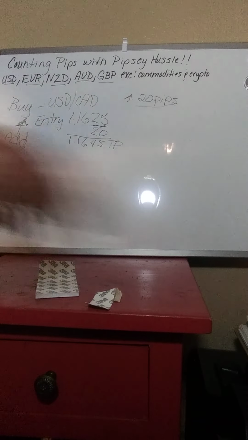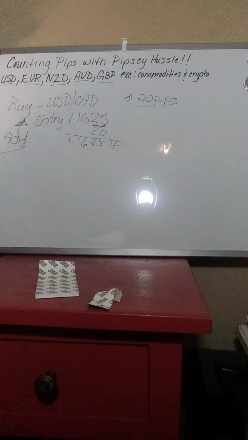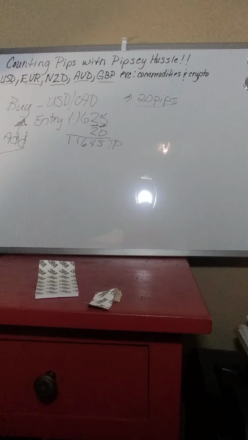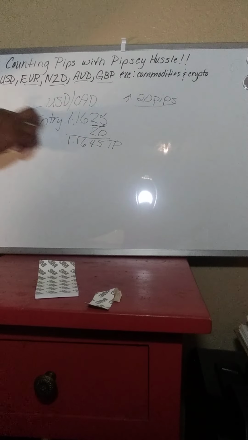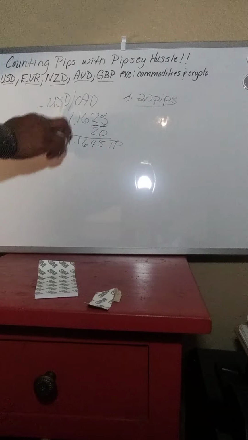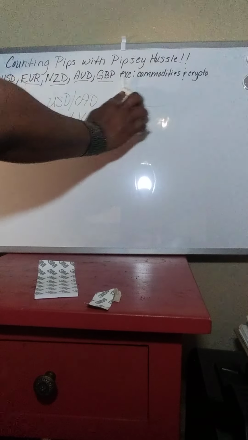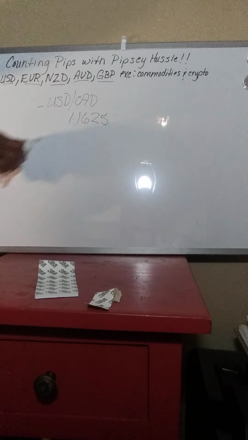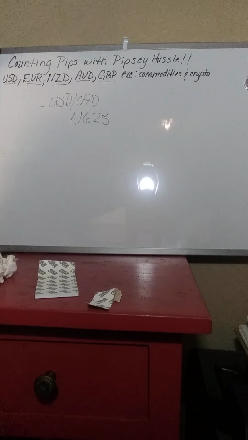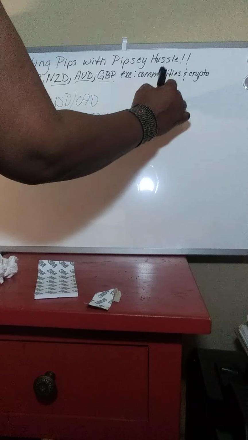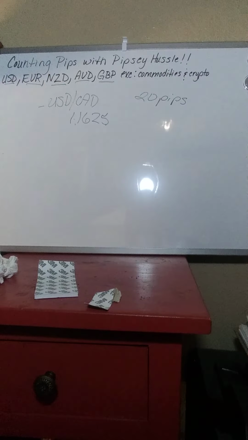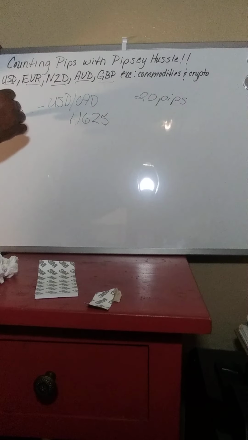Okay, so now I'm going to give you another example of how to do this with a sell. In a sell, same pair, USD CAD, we're going to do 20 pips, but this time we're going to sell.